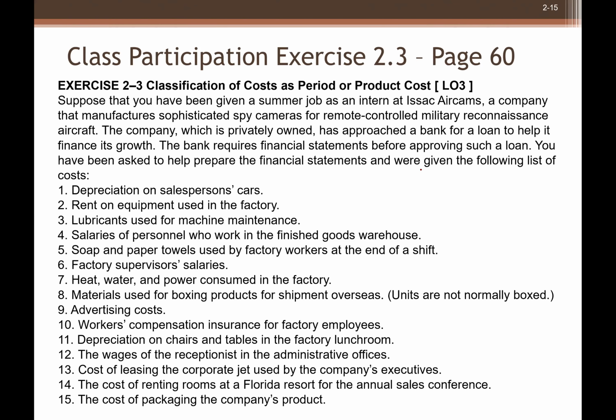The cost of packaging the company's product. Okay, everybody must participate.